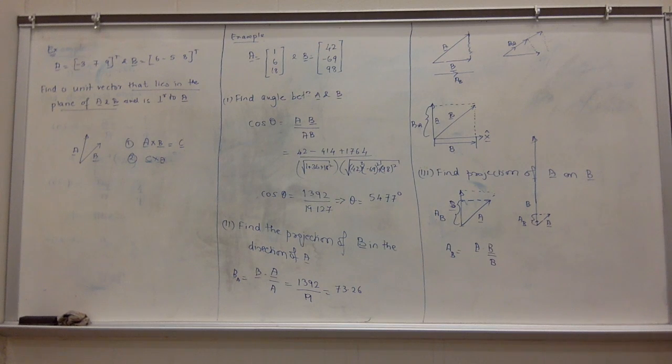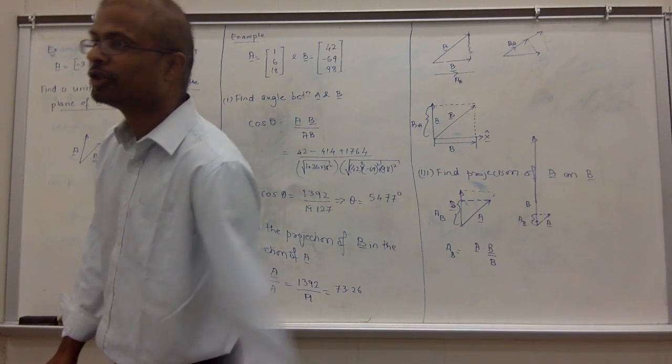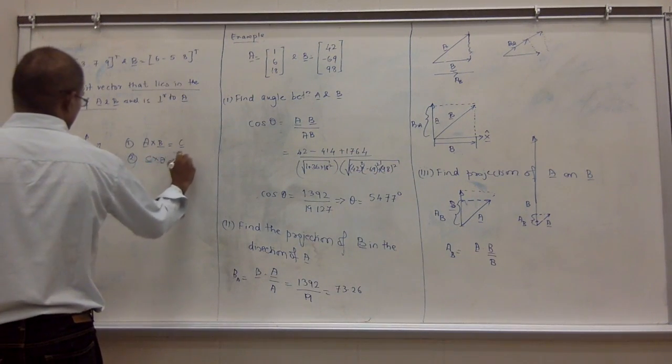If I use this, this is my new vector D. It is C cross A. Now this vector has to be perpendicular to these two vectors. Plus this vector is also in the plane of AB. You get it? So that is your D vector. Is it clear? Did you see that?